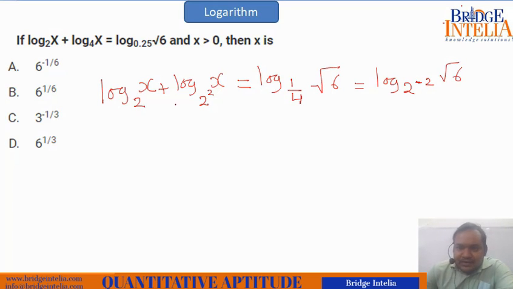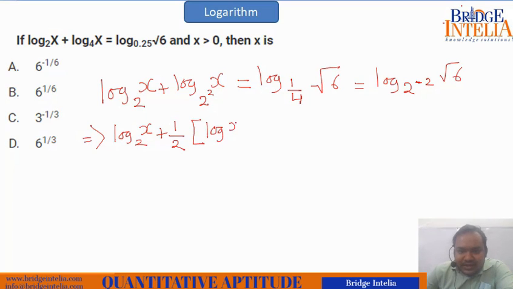So what is given to us is actually log x to the base 2 plus, this will come out as reciprocal, plus half of log x to the base 2 is actually equal to, now this minus 2 will also come out as reciprocal, minus half of log 2 root 6.